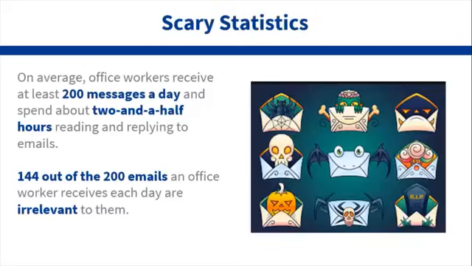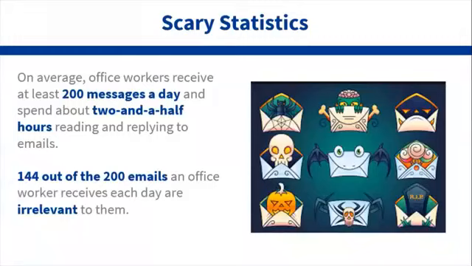So according to Forbes, on average, office workers receive at least 200 messages a day and spend about 2.5 hours reading and replying to emails. To add to this, 144 out of 200 emails an office worker receives each day are irrelevant to them. I think this is really scary in a way.